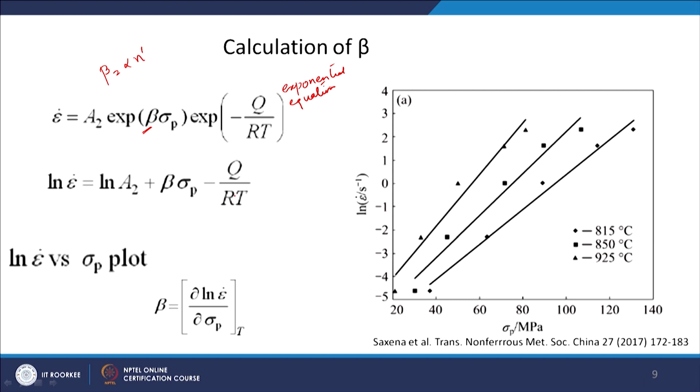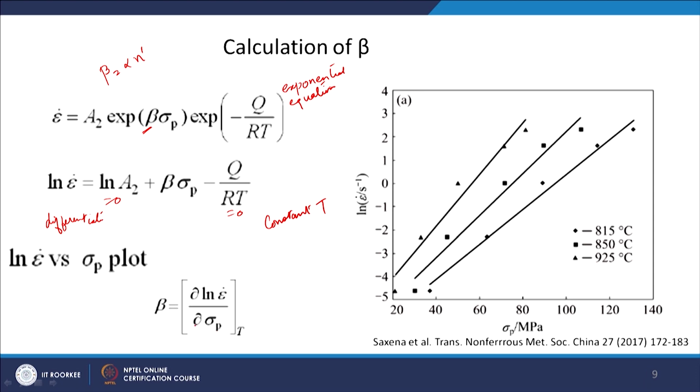Again taking constant temperature, this term will be 0, this will be 0. If I differentiate this, then this will become 0 and this will become 0, and beta will be del ln epsilon dot upon del sigma p.